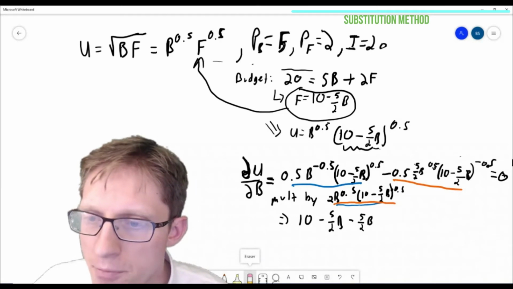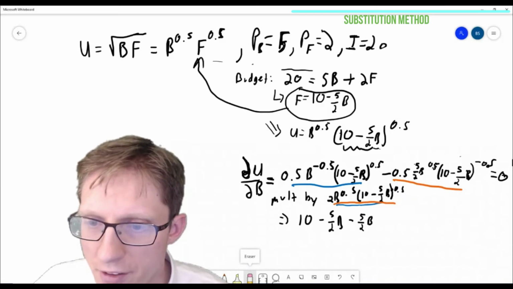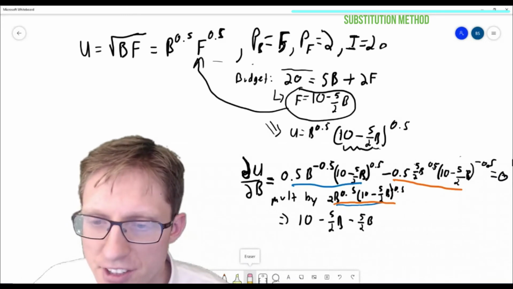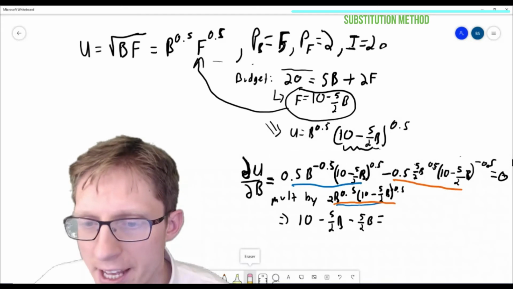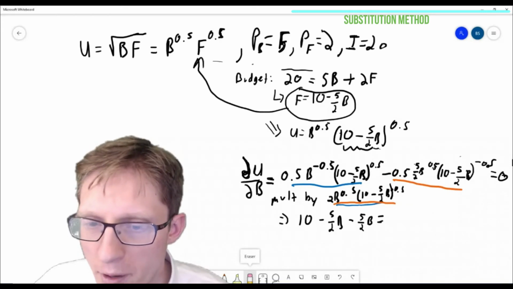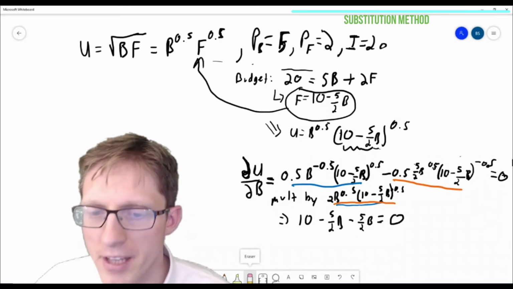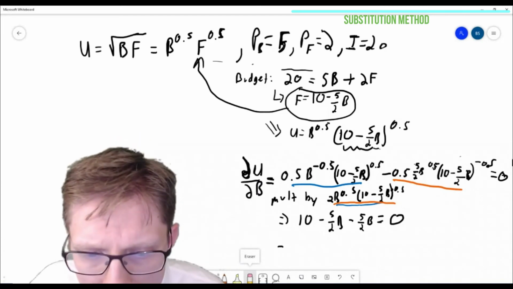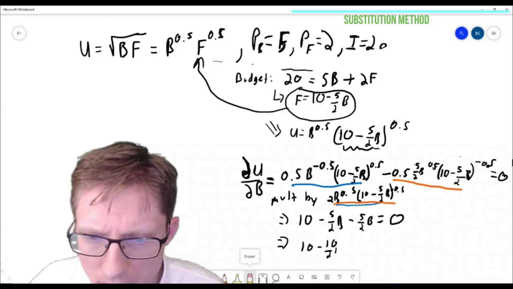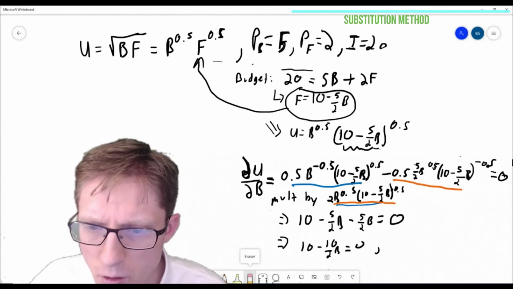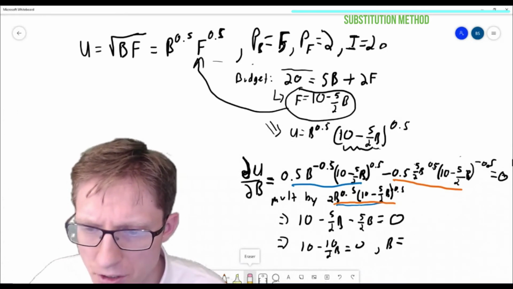And the part in parentheses is going to cancel because one is raised to 0.5, the other is raised to the minus 0.5. Then we multiply the right-hand side by the same thing, but it's multiplied by 0, so it remains 0. And we can simplify this a little more. We have 10 minus 10 halves b is equal to 0, so b is equal to 2.